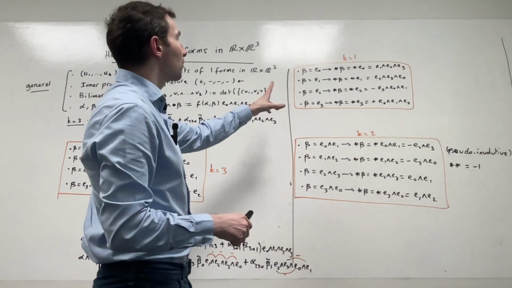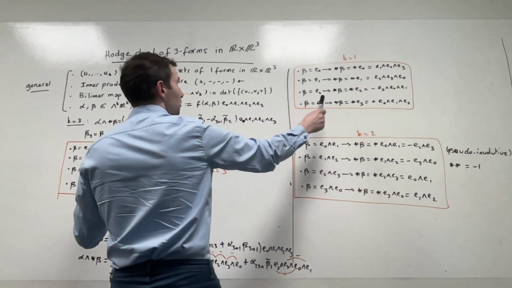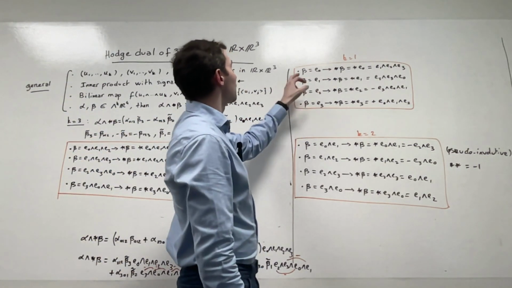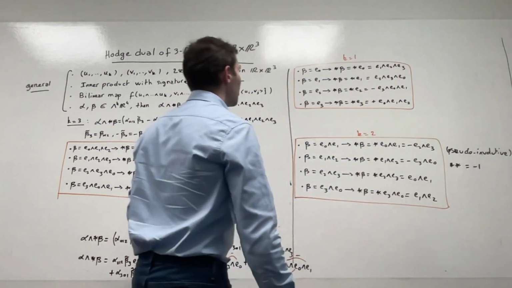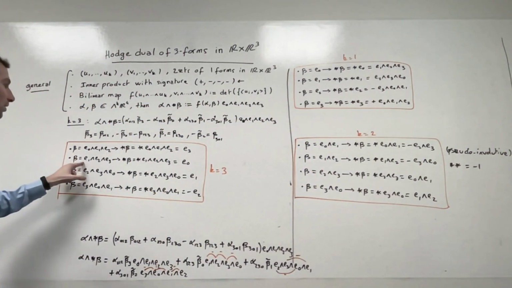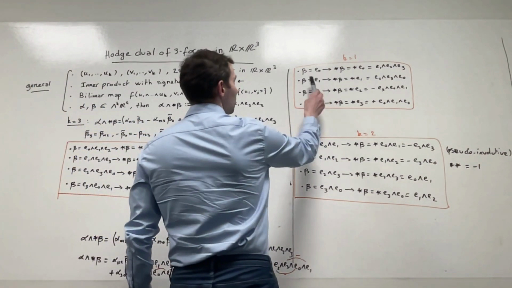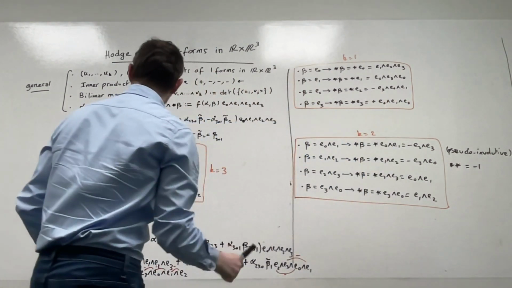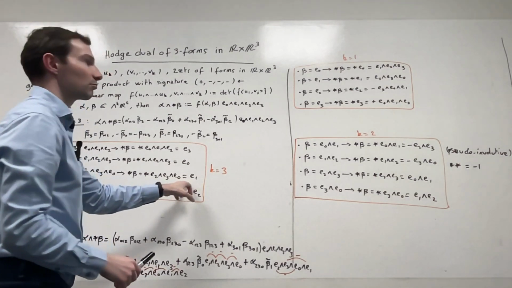Now you can try to check what's going on in this particular case by looking at k equal to 1 or k equal to 3. For example, if you take E naught, the star of E naught is E1, E2, E3. And then the star of E1, E2, E3 is E naught itself. Likewise, if I take E1, the star of E1 is E2, E3, E0, and then the star of E2, E3, E0 is actually E1.